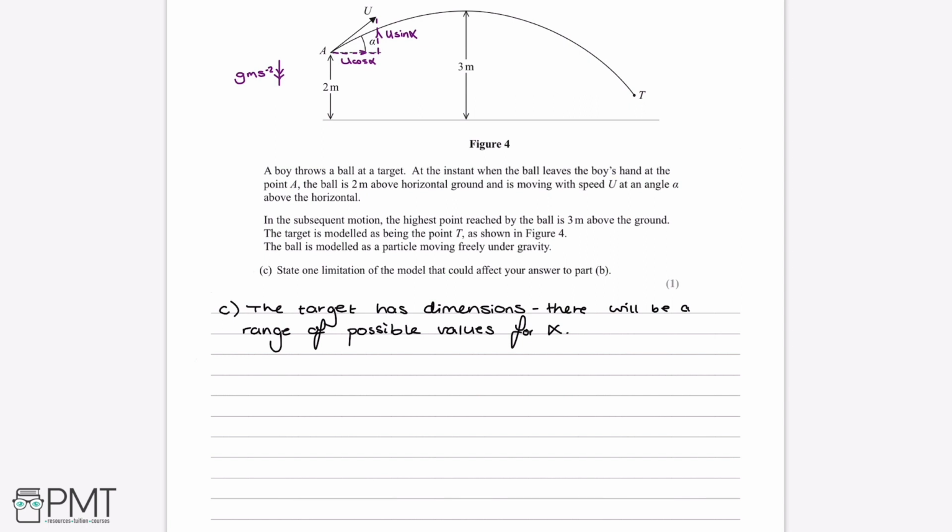Something else, you could talk about the fact that in real life, there would be air resistance acting on the ball, so the angle might differ slightly, or the ball will have dimensions as well as the target, as well as the fact that the wind will have an effect on the angle and the way the ball is thrown, depending on how strong the wind might be on that particular day. And these will all have an effect on the possible values of alpha.